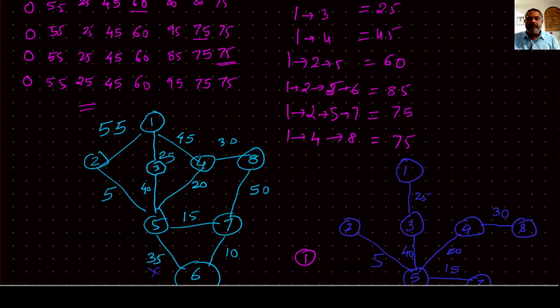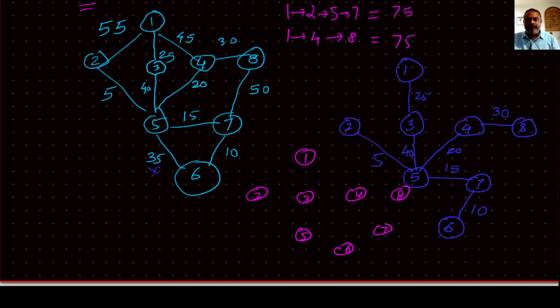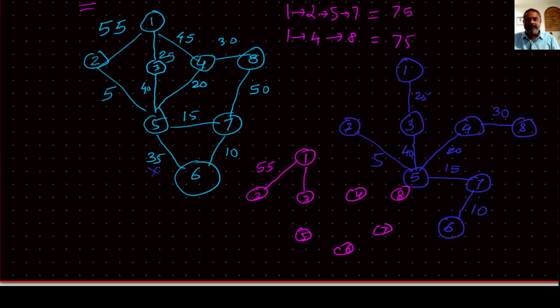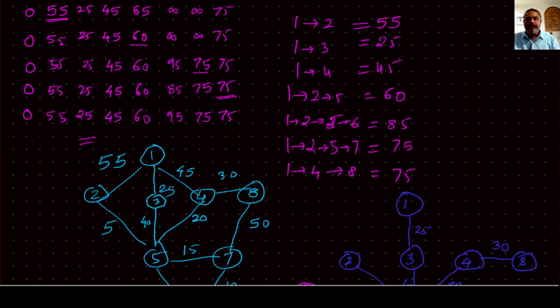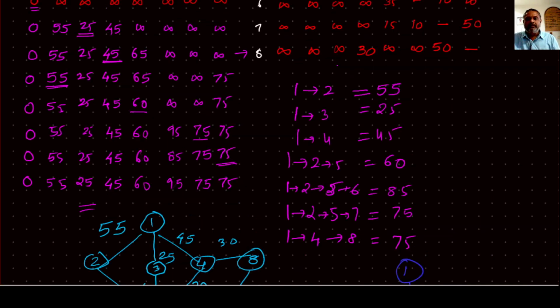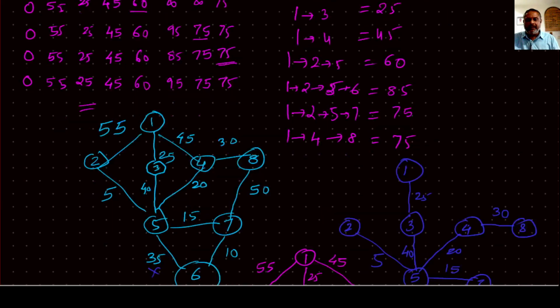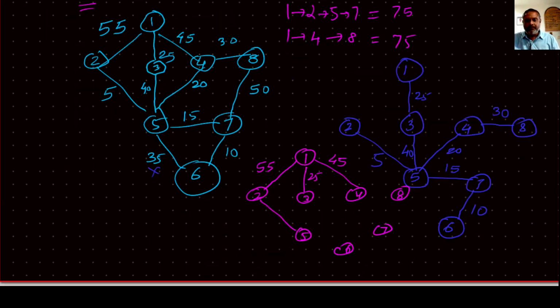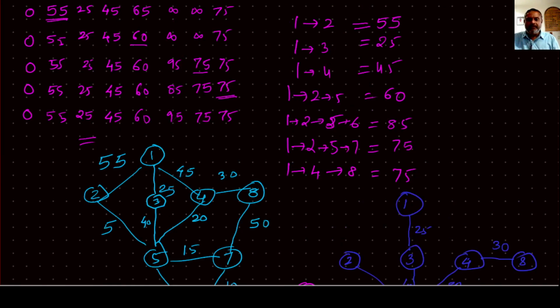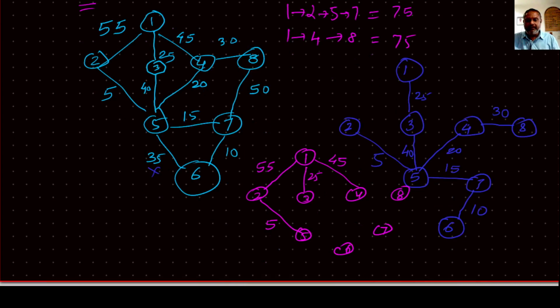Okay, so there is 1 to 2, that makes 55, and 1 to 3 direct, that is 25. 1 to 4 is 45. Then 1 to 5 is via 2, and 1 to 6 is via 5.